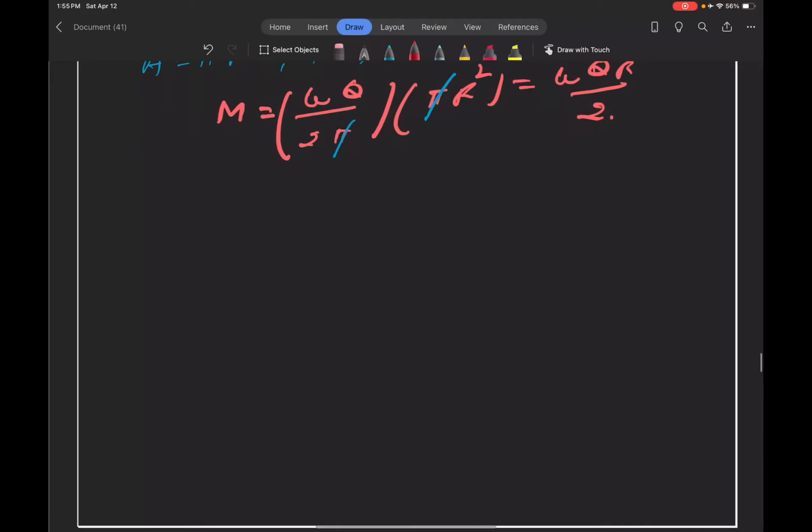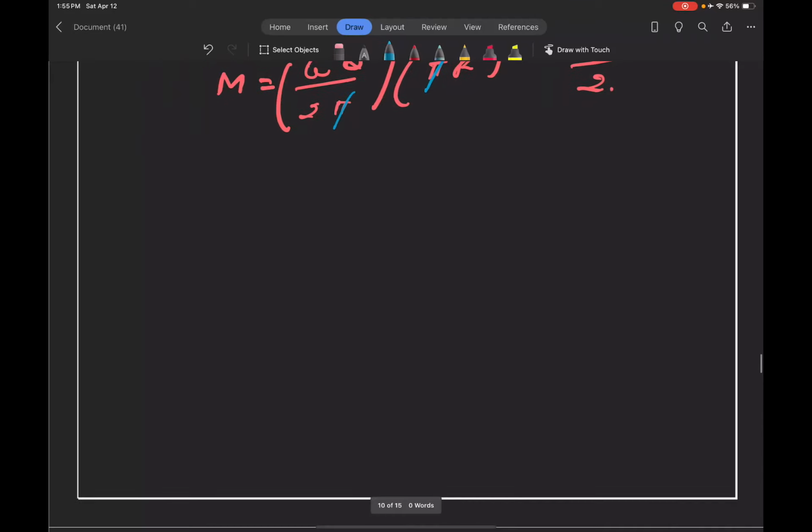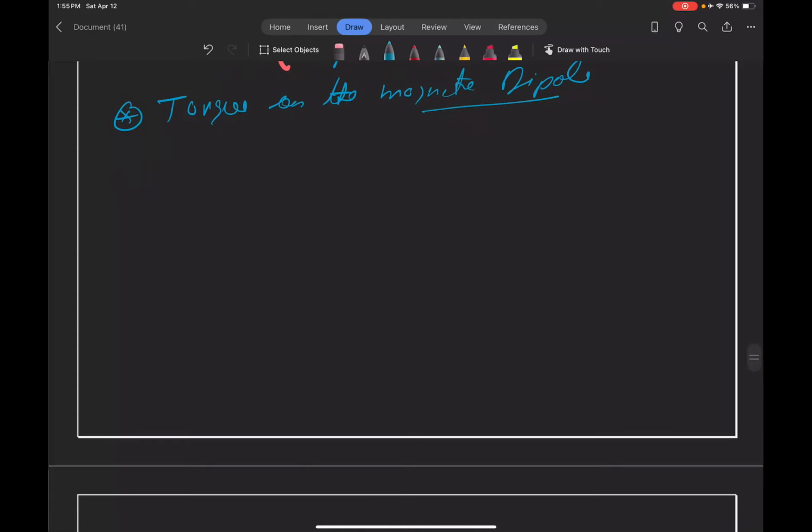Now we can find out the torque on the magnetic dipole. Torque tau is equal to m b sine of theta, and this theta is 90 degrees because the magnetic field is in the vertical direction and the moment will be at an angle of 90 degrees. So sine 90 is equal to 1.